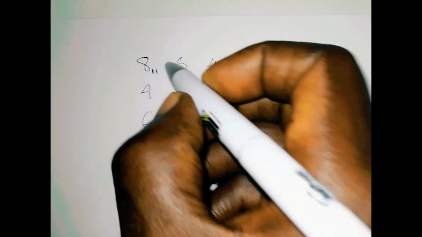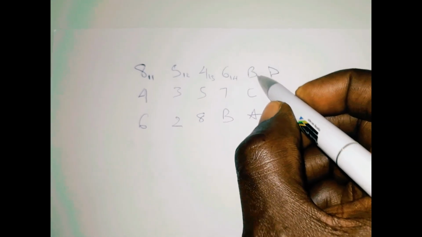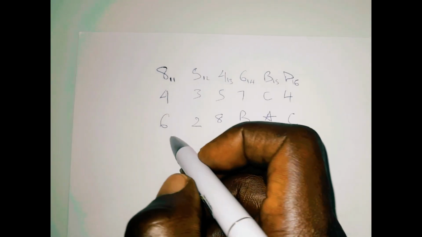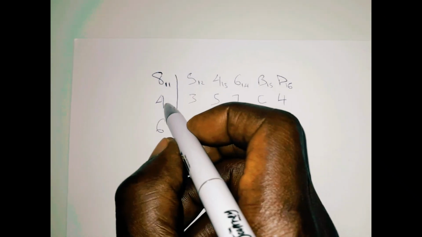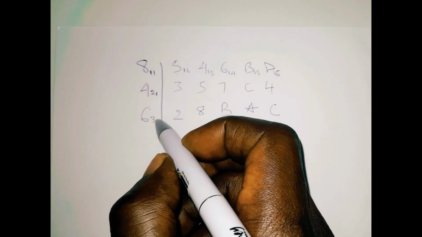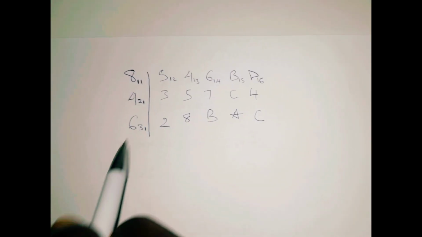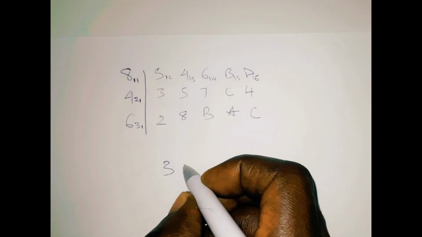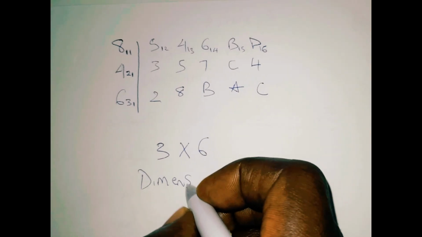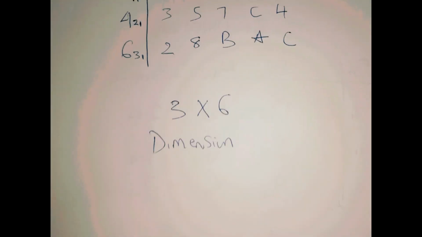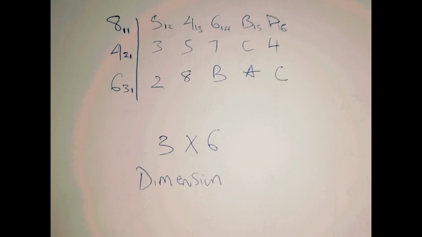We have row 1, column 1, row 1, column 2, row 1, column 3, row 1, column 4, row 1, column 5, row 1, column 6. In order not to waste so much of your time on this, just get row 2, column 1, row 3, column 1. To save time, you can just do it this way. You don't have to do the whole thing. So the dimension of this matrix is 3 rows by 6 columns. So I believe with all this, we are good, and if we come across questions like this, we'll be able to solve and tackle them.